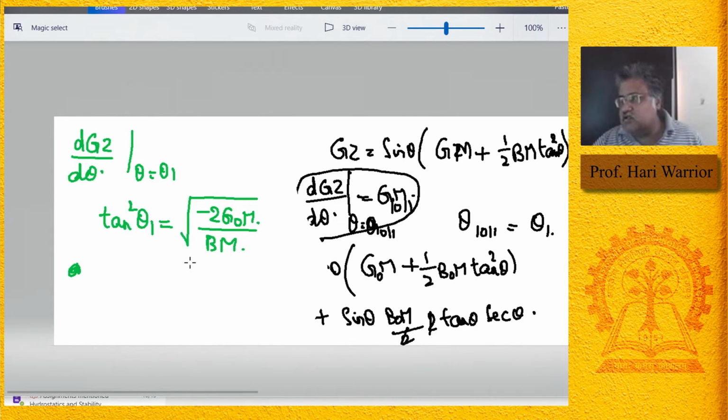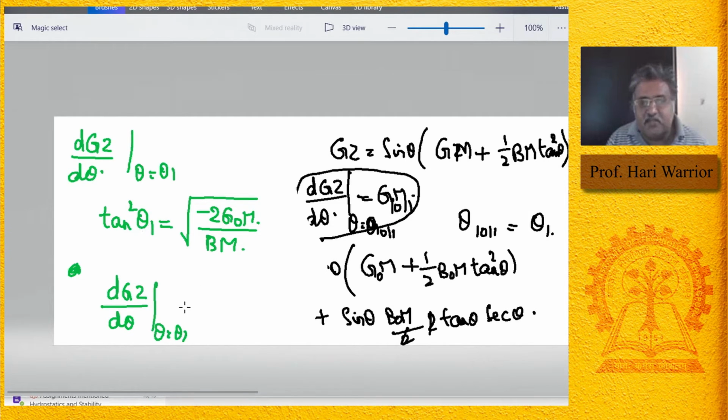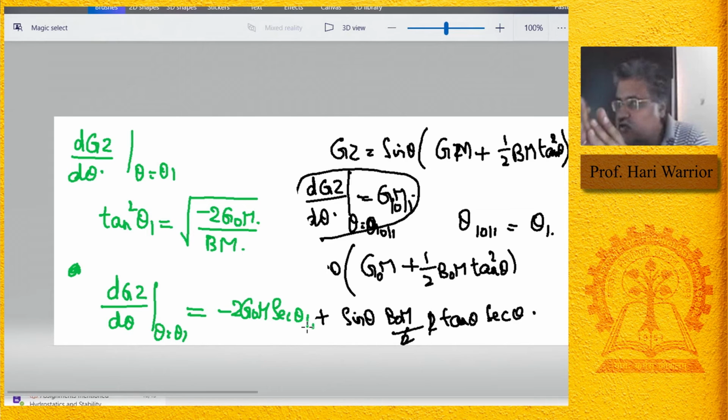Just do it quickly and tell me if you get dGz by d theta at theta equals theta 1 equal to minus 2 G0M sec theta 1. Just do it and see if at least one person can get it. Then I don't have to go through the entire process of deriving the whole thing.